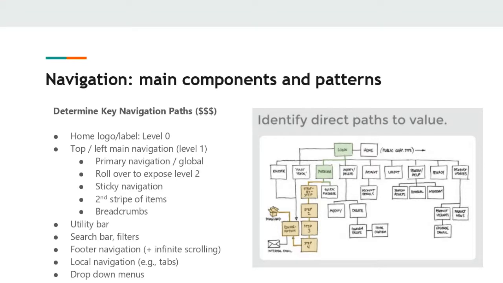The second stripe of items in navigation. So, and I'm sure you've noted, let's pretend that this is our level 1 navigation, and then I would assume that this is a level 2, obviously, let's say for all of them.